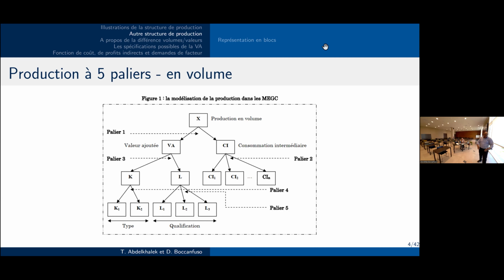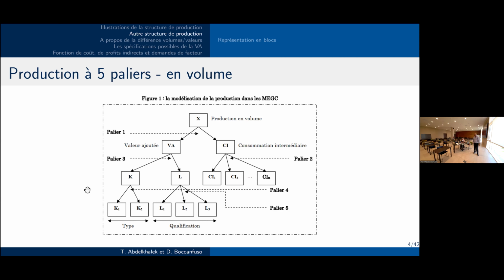And we will have 3 categories of labor, and we can have the same thing for capital. This is a nested function because we have many levels in the structure of production.